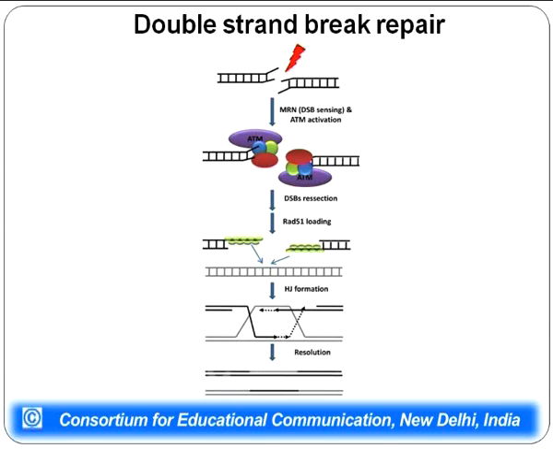There can be formation of crossover after resolution of the Holliday junction, or there can be normal products also. All in all, after the double strand break repair has functioned, it leads to formation of the normal DNA which does not have any break anymore. So, this is a very important mechanism of repairing.